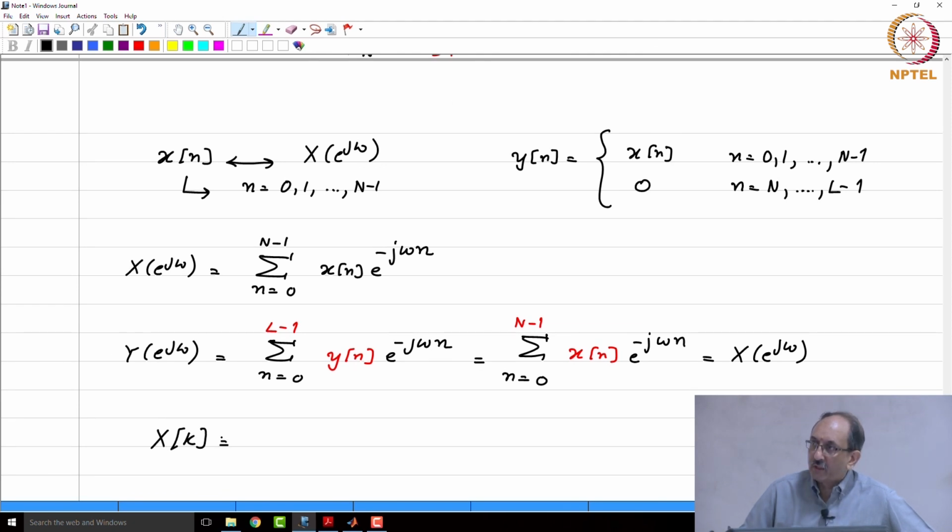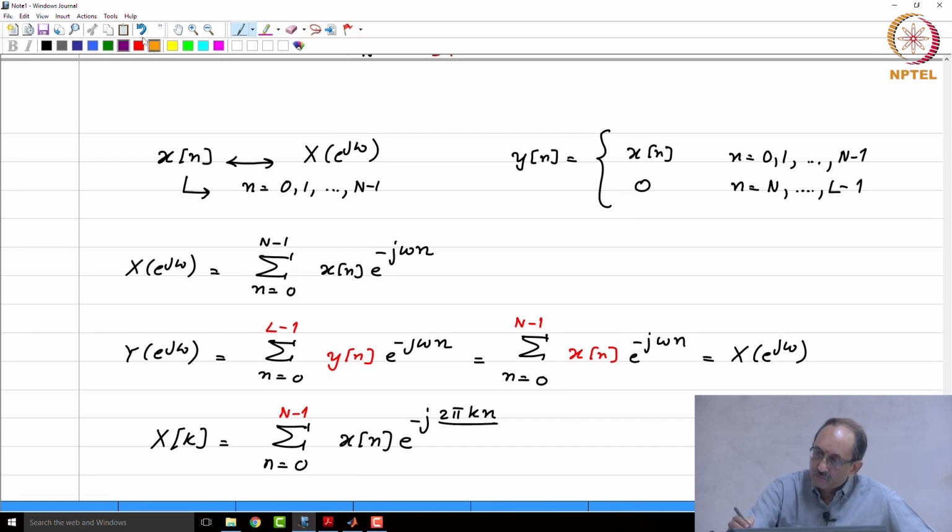Now let us look at the corresponding DFT coefficients. X of k is the sum over n going from 0 to n minus 1 of x of n e to the minus j 2 pi k n by cap n, and k itself goes from 0, 1 up to n minus 1.